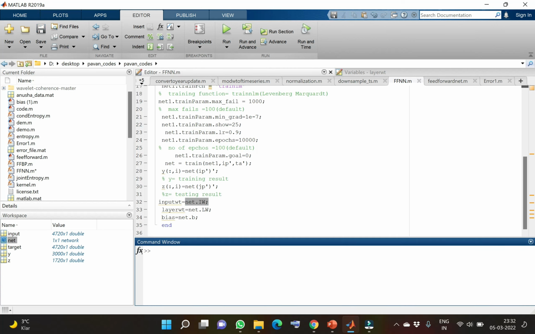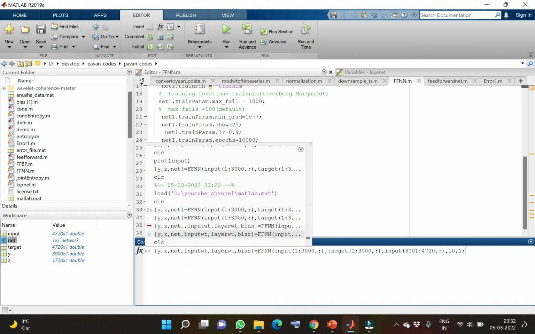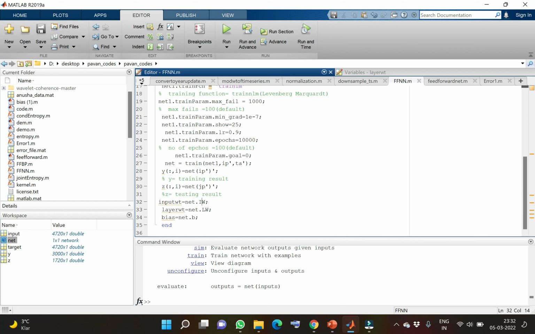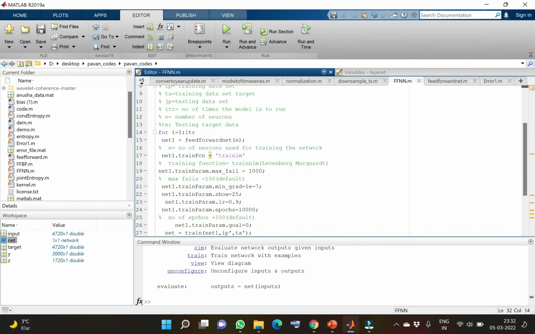I'll be running the same model which we have developed earlier. I'll just run the same things to show you how I know I should name them IW, LW and biases.